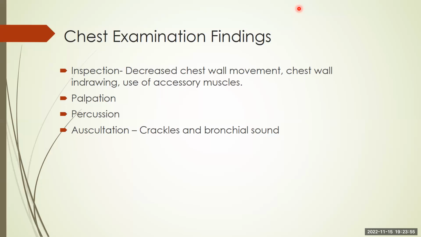Also remember that when you're auscultating, usually the I:E ratio will not be affected. The I:E ratio is maintained. Usually there's no prolonged expiratory time because the bronchioles and the bronchi are not affected. So what we're learning from Nabeela is that you'll hear the crackles and bronchial breath sounds only in areas where you have a consolidation. If you do not have a consolidation, then you will not hear bronchial breath sounds.